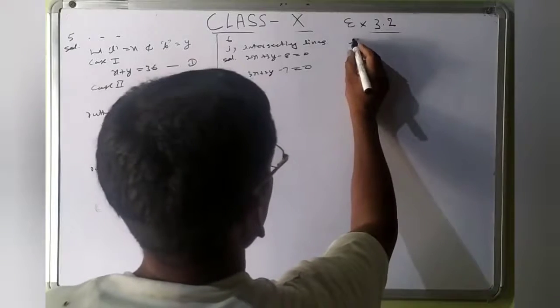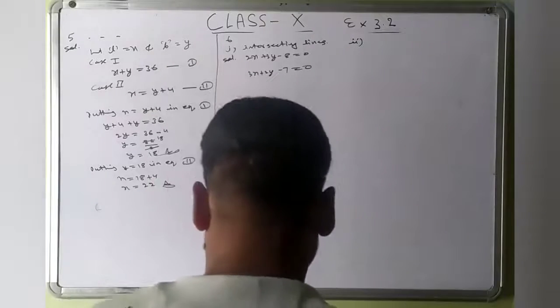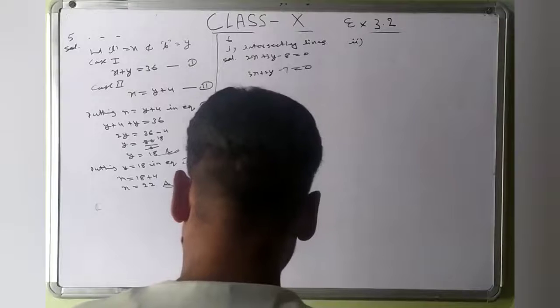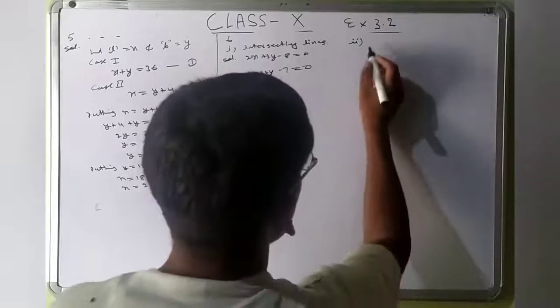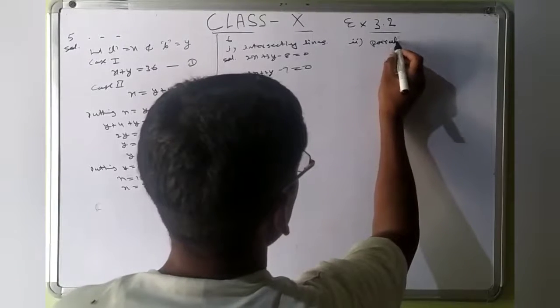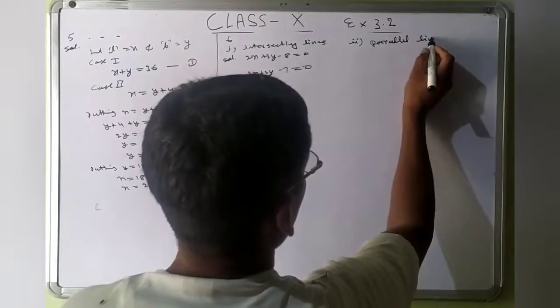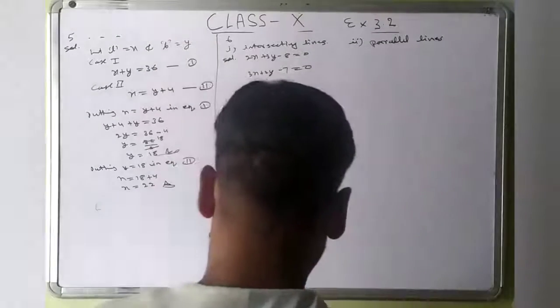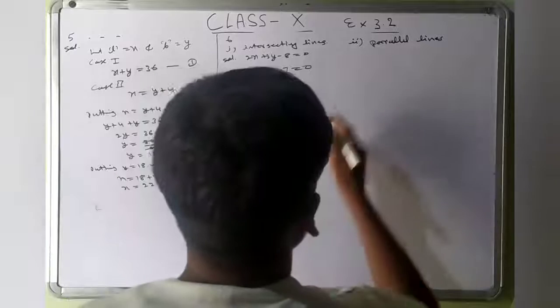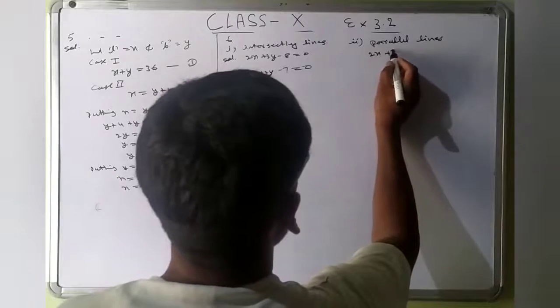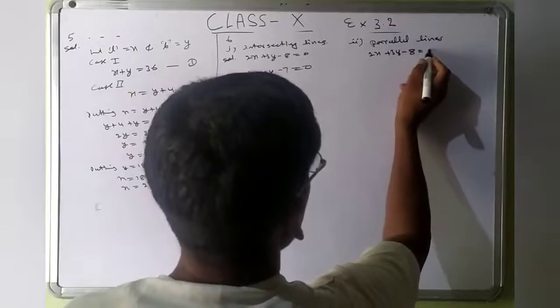Second part is parallel lines. The first equation is 2x plus 3y minus 8 is equal to 0.